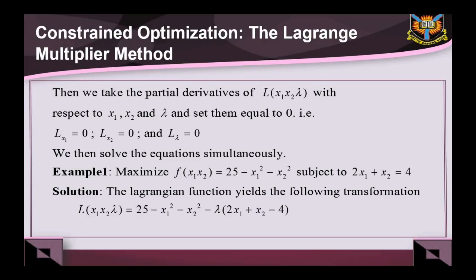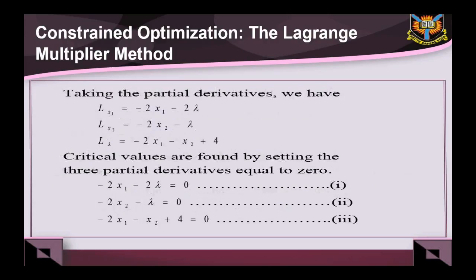L of x1, x2, lambda equals 25 minus x1 squared minus x2 squared minus lambda of 2x1 plus x2 minus 4. Taking the partial derivative, we have Lx1 equals minus 2x1 minus 2 lambda.